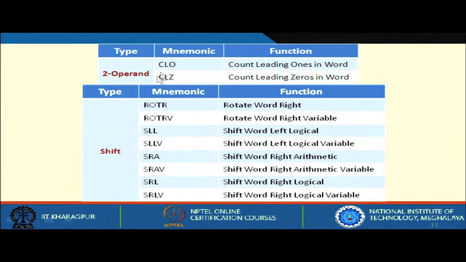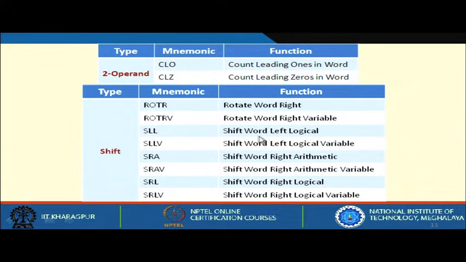We have another set of instructions, that is rotating a word. We can rotate a word right, and we can rotate a word with a variable, so we can specify how many bits we need to rotate.